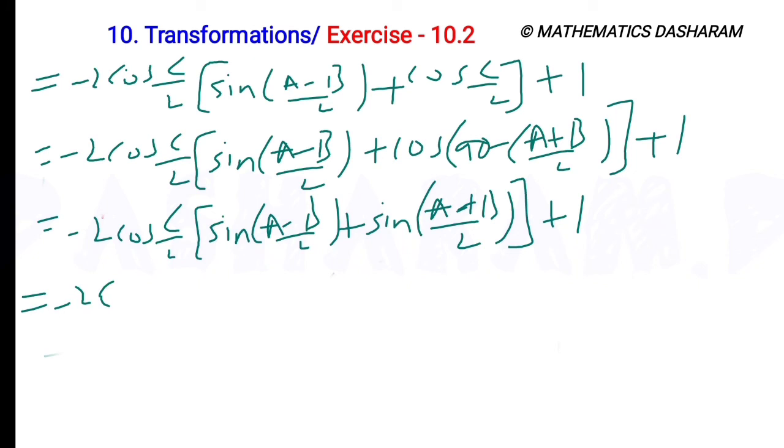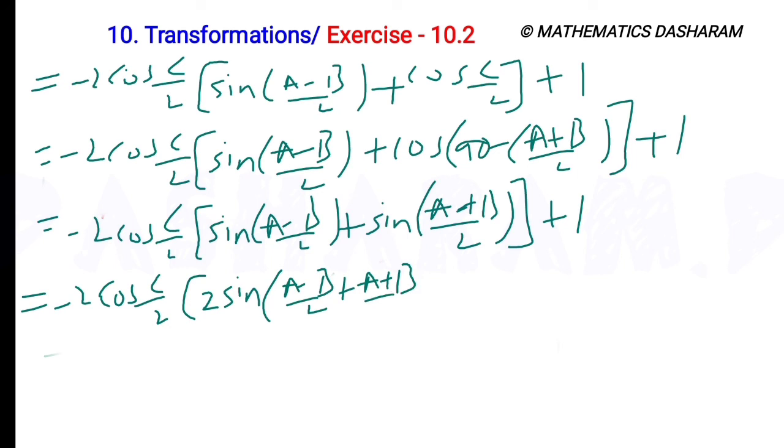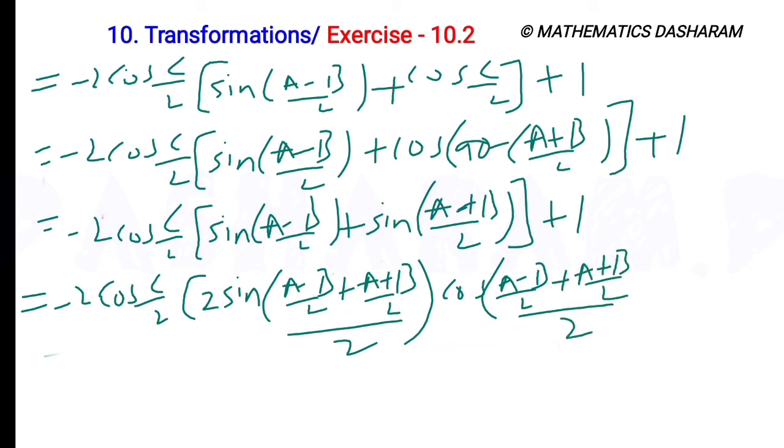Minus 2 cos C/2 into, sin C plus sin D formula, 2 sin (C plus D)/2 into cos (C minus D)/2, so 2 sin, C plus D, that means (A minus B)/2 plus (A plus B)/2, into cos (C minus D)/2, so (A minus B)/2 plus (A plus B)/2, plus 1.